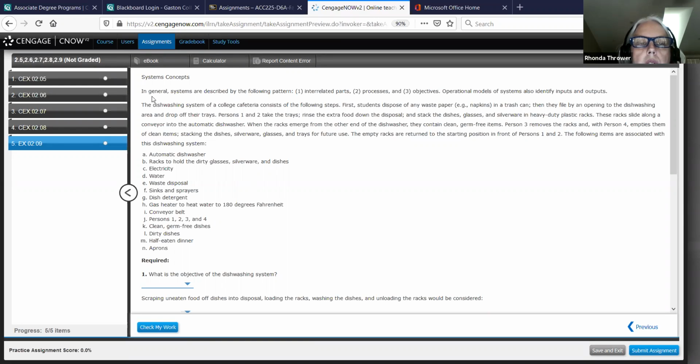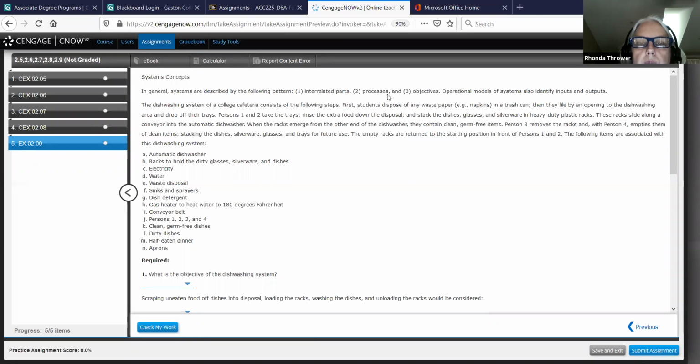And first of all, in general, it says systems are described by the following pattern. All systems have some type of interrelated parts associated with them. In a system, we're going to have these parts that will help us to process the information.